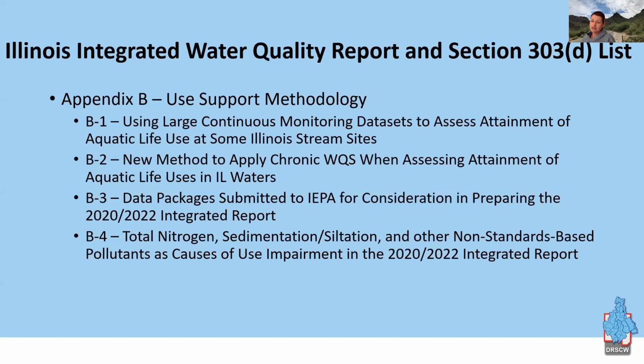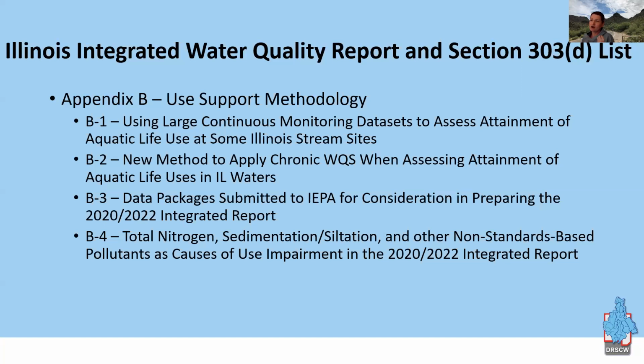So when they were looking at our data, if we had bug and fish impairments, as well as water chemistry data that showed total nitrogen above 7.8 milligrams per liter, it could have listed total nitrogen as a cause of impairment on that 303B list or that 305B report. And what they've decided is that moving forward, they are not going to be making any more of those listings using those thresholds.